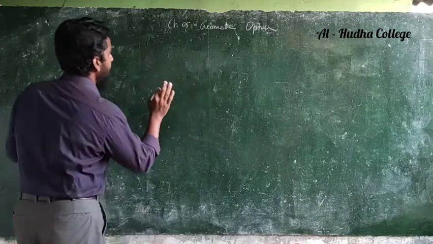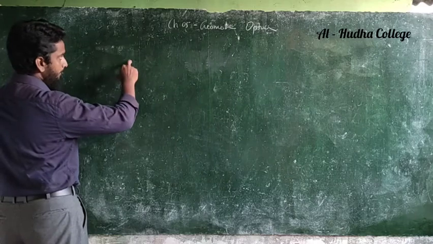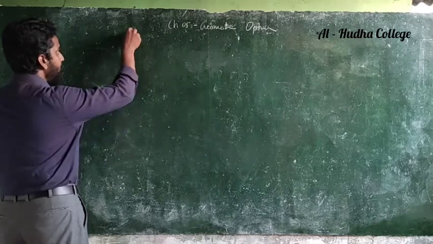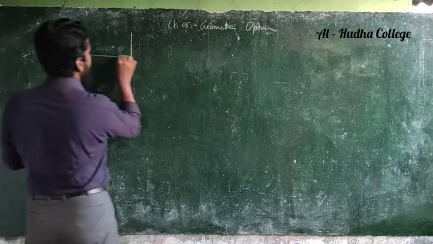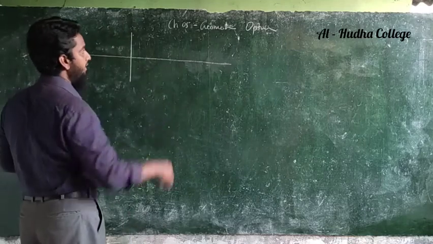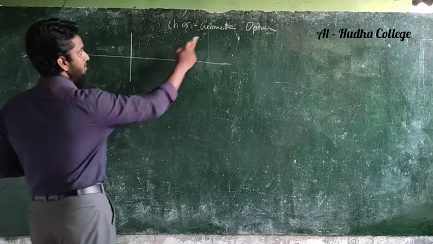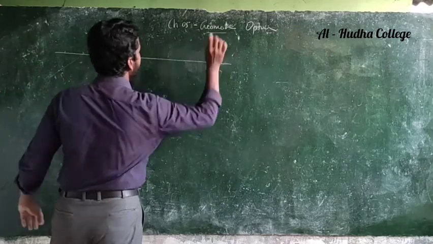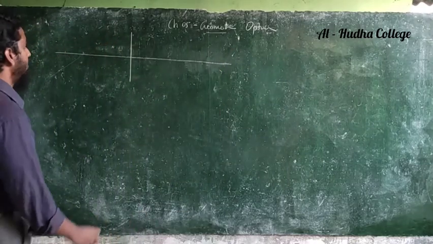When we draw the ray diagram for a curved mirror, normally we consider the y-axis and the x-axis, because this is geometrical optics. Here we are going to consider geometry to draw the ray diagrams.